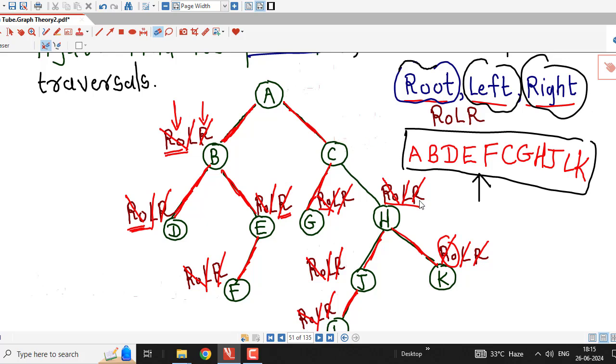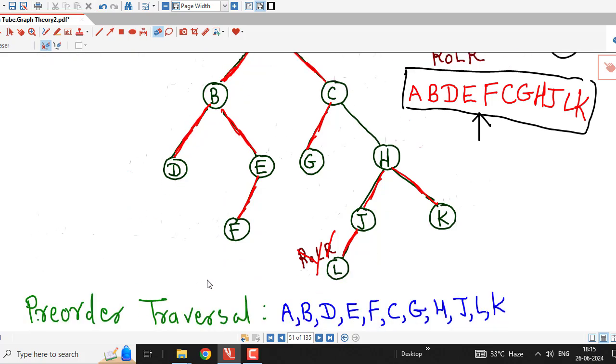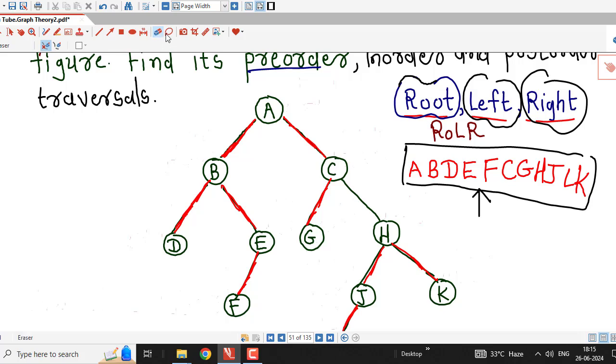Now instead of writing this R L R, we have to write left subtree, then root, and then right subtree. The procedure is the same, but in in-order we have to first consider the traversal of the left subtree, and then we will process the root, and then we will consider the right subtree.